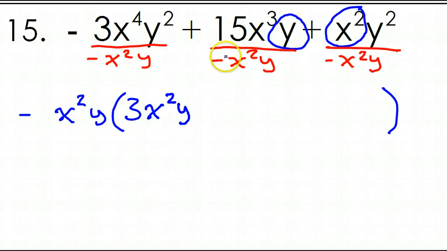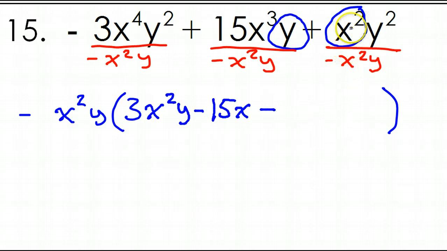Okay, so 15 divided by negative 1 is negative 15. These two x's cancel out two of these x's, and that leaves one x. These two y's cancel out totally, so there will be no y's. A positive divided by a negative is a negative.